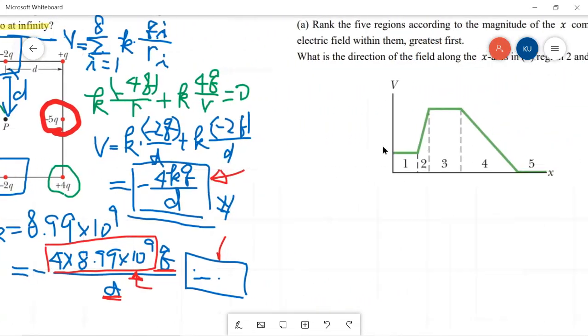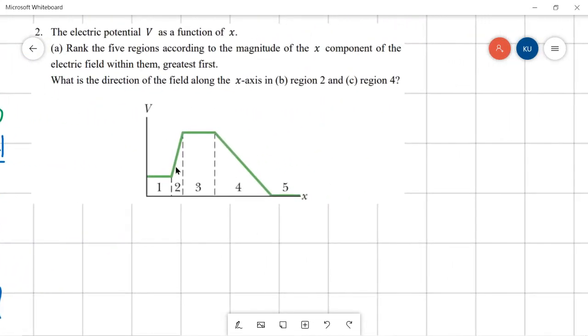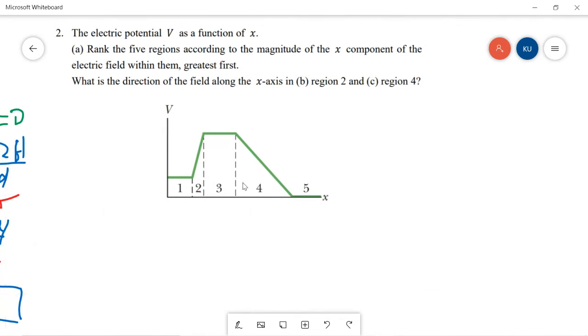And let's go to problem two. Problem two is something like this. The electric potential V is drawn in this graph, which is a function of x, which is a one-dimensional problem. So in this case, rank the 5 regions according to the magnitude of the x component of the electric field within them.